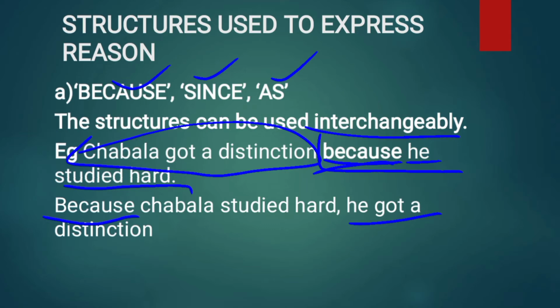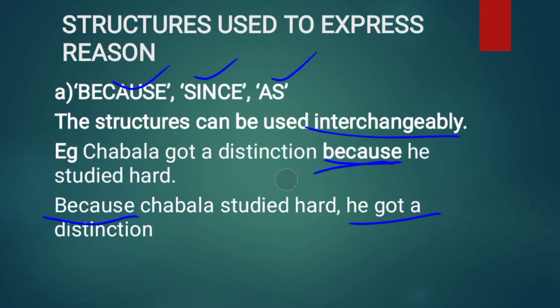We should mention the noun. So we are going to say because, we'll replace the he with the name Chavala. So because Chavala studied hard, he passed the examination. Make sure you put a comma.